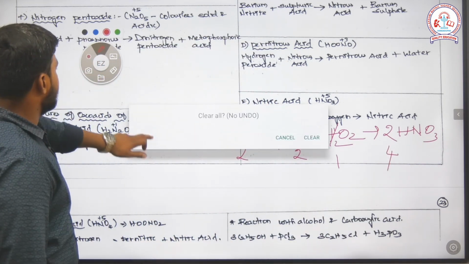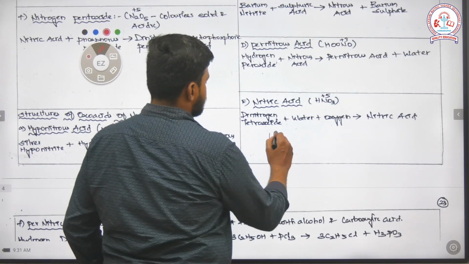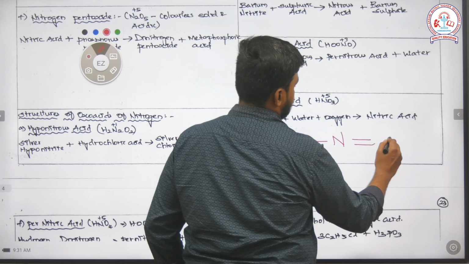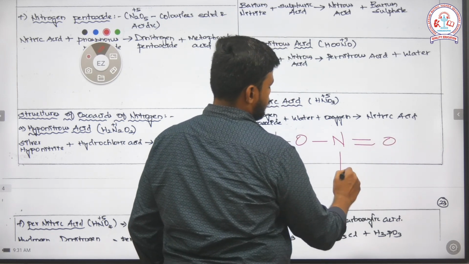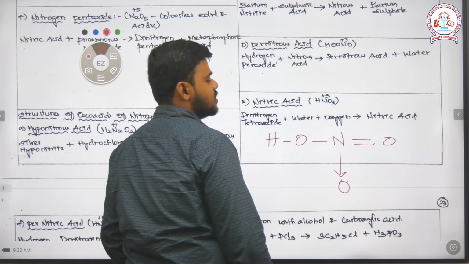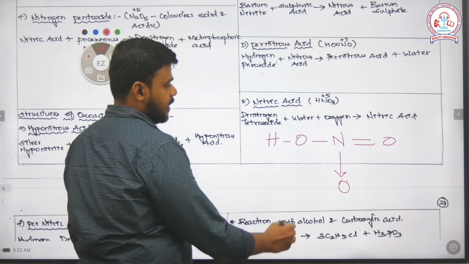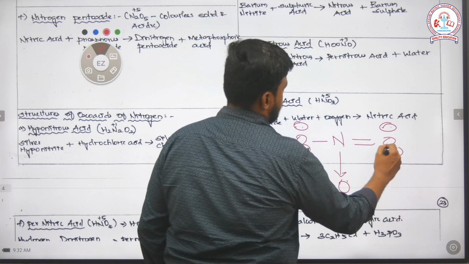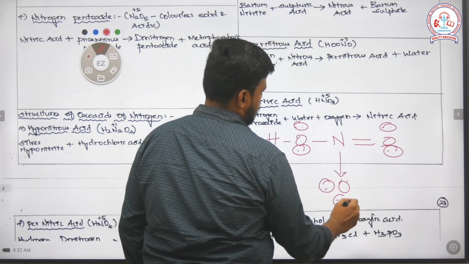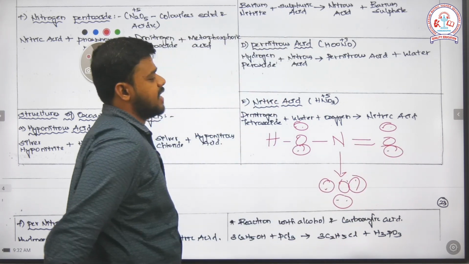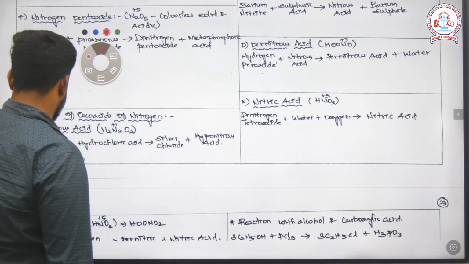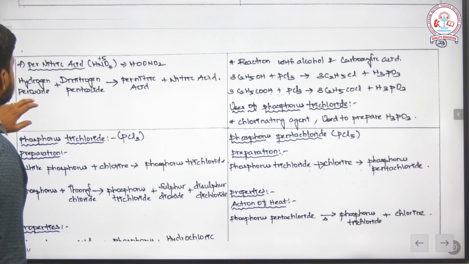Then the structure of nitric acid includes HONO2, with 2 lone pairs and so on. So this can be the structure of nitric acid. Then pernitric acid.